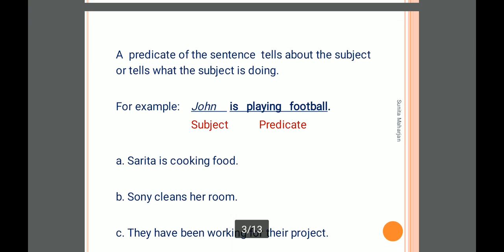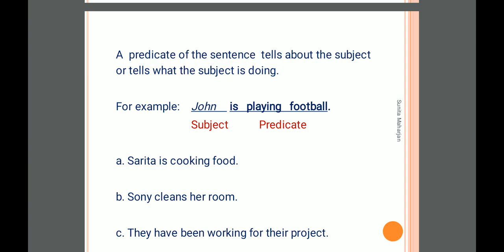And the predicate of the sentence tells about the subject or tells what the subject is doing. Predicate contains verb and object as well. For example, John is playing football. Here, John is subject, is playing football is predicate.